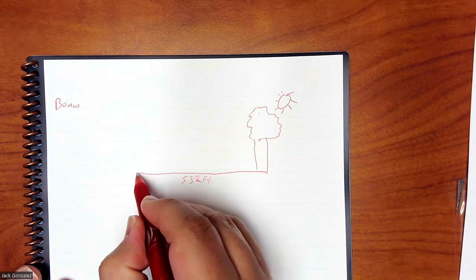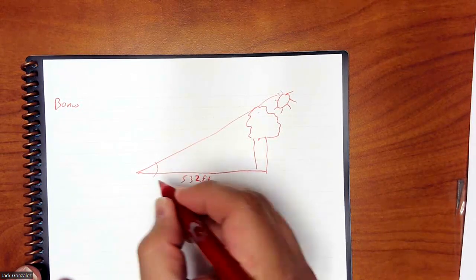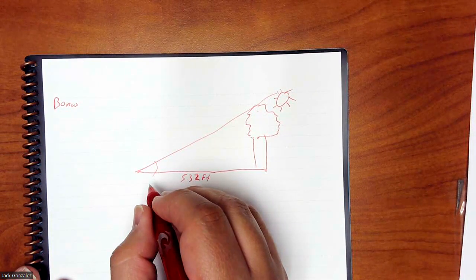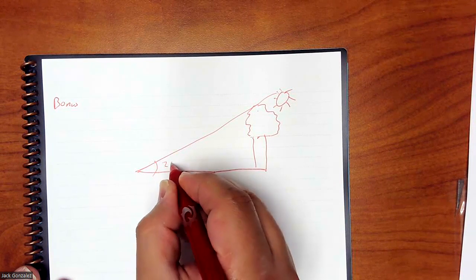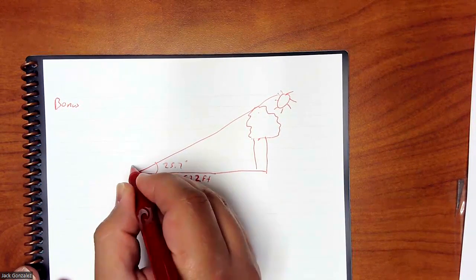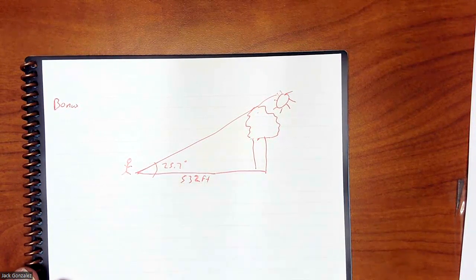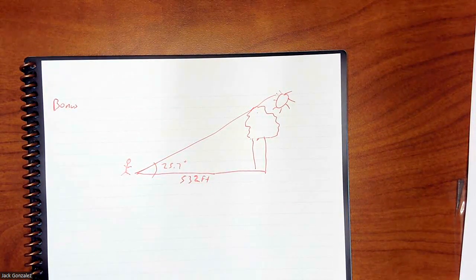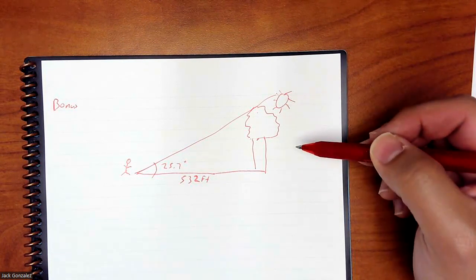Angle of elevation to the sun, somewhere about there. Angle will be 25.7. So you're right here, staring at the sun like a weirdo, looking up. Find the height of the tree, which essentially would be the opposite side, right?